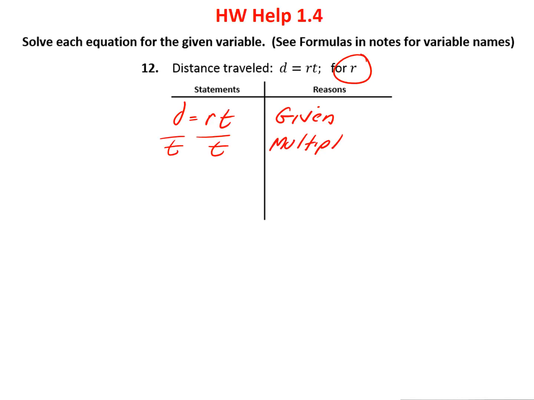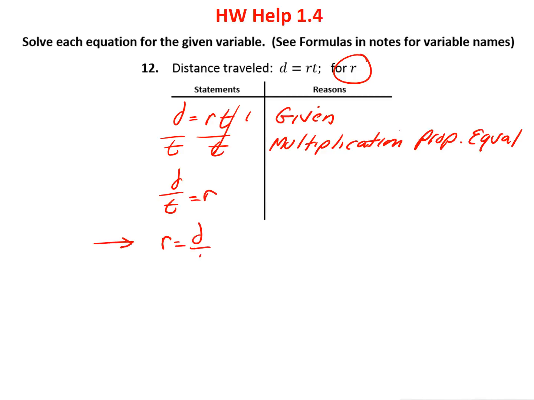I use the multiplication property of equality. T divided by t is 1, so I have d divided by t equals r. Or if we reflect that around, r equals d over t. And there's our answer. So we've taken the distance formula and just changed it for rate. We could have also written it for time. We could write it for either one of those.